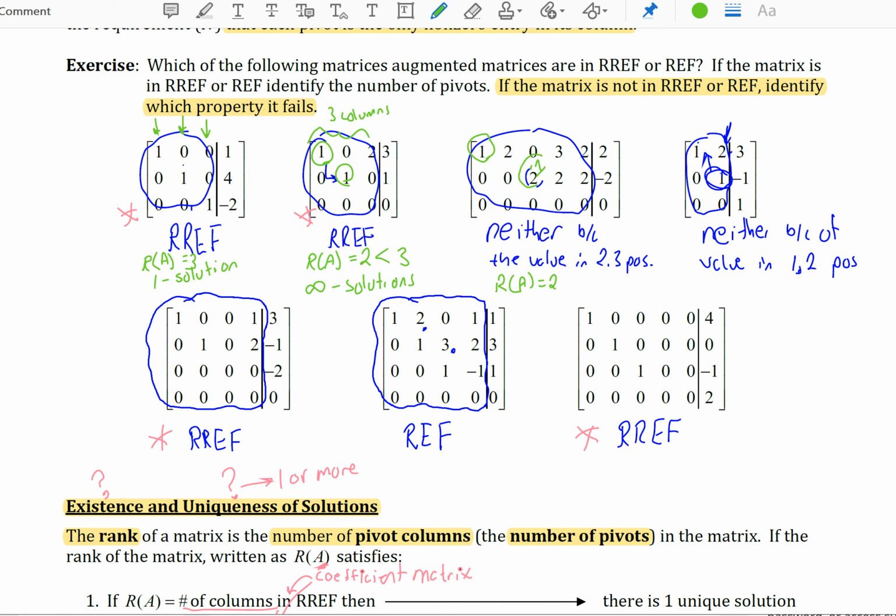This could eventually be a pivot, and this is less than 1, 2, 3, 4, 5. There are 5 columns in the matrix A. This one would have infinite solutions as well.